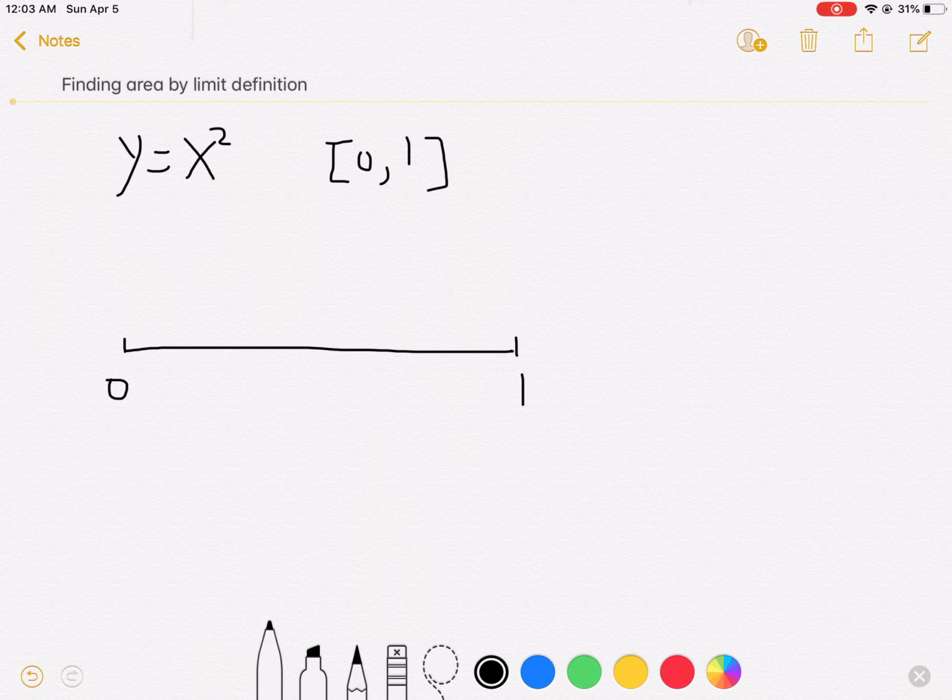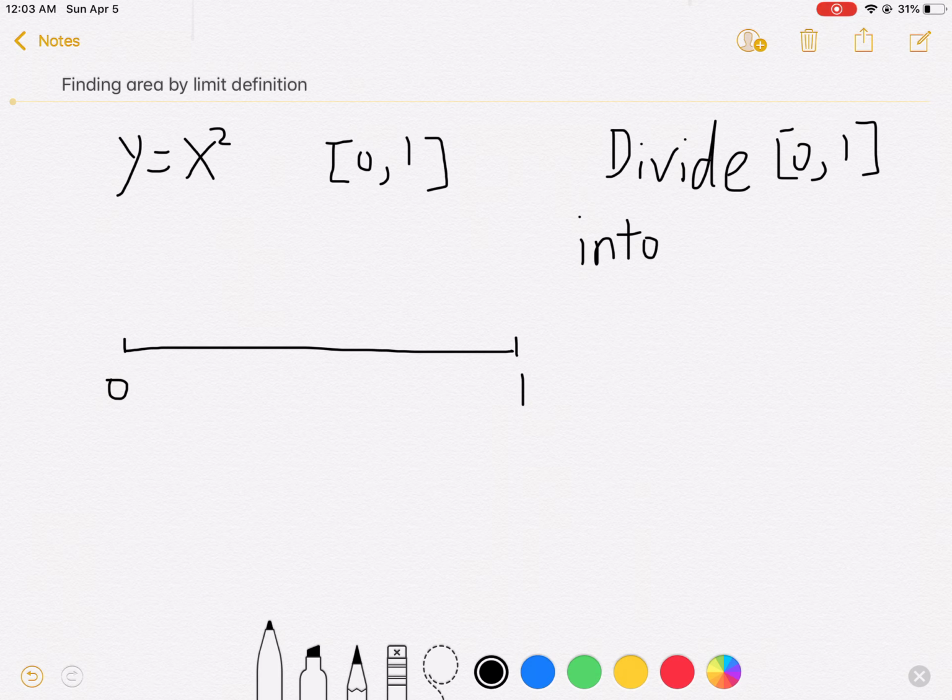Okay, so the idea is let's divide our interval, 0 to 1, into n subintervals with equal length.